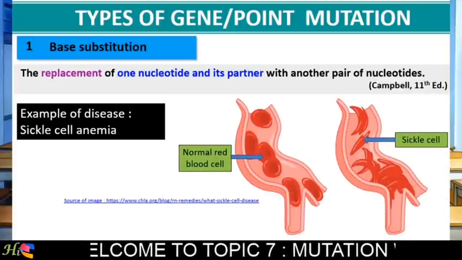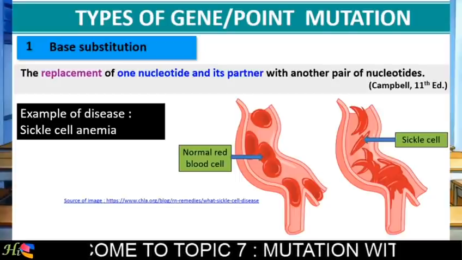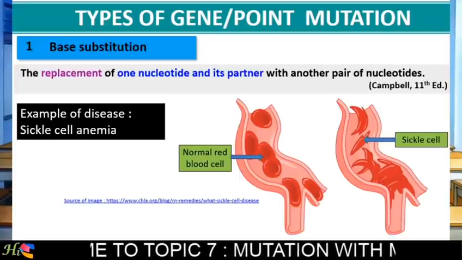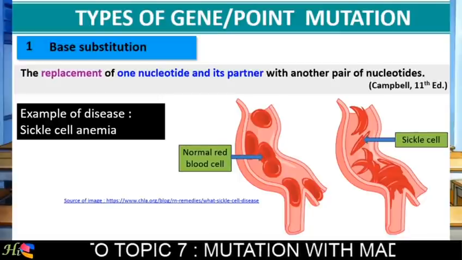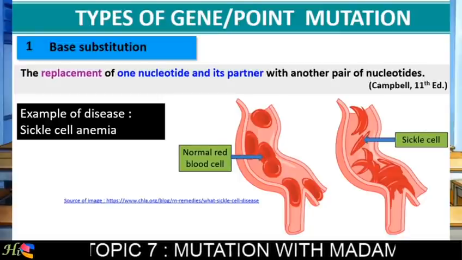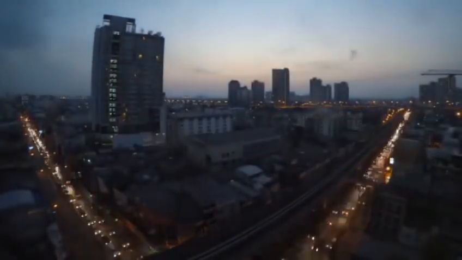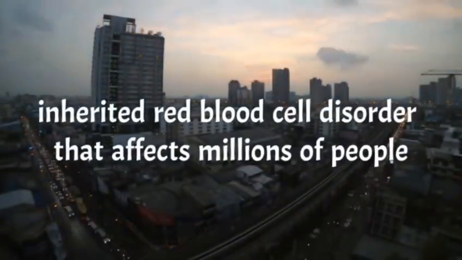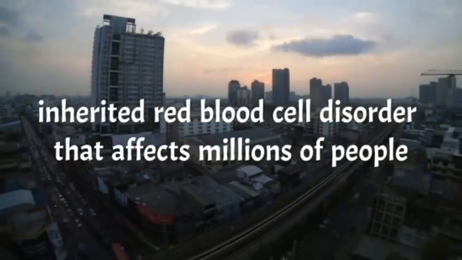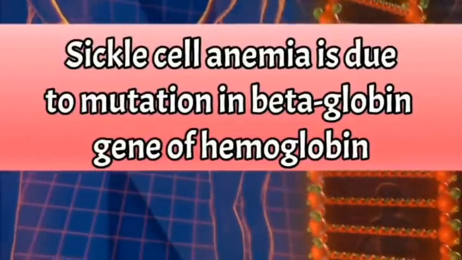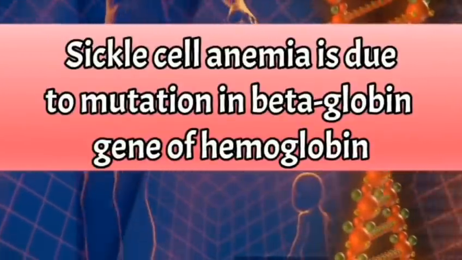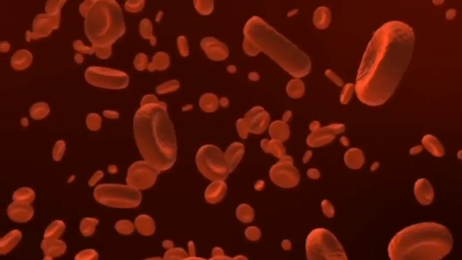For the normal red blood cell, the shape is spherical and flexible, while the sickle cell is sickle-shaped and rigid. Sickle cell anemia is the result of a mutation in the beta-globin gene of hemoglobin.